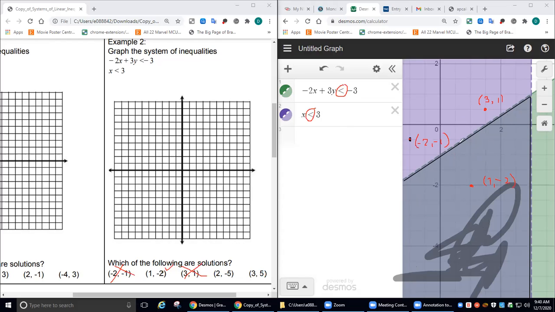The other one's (2, -5). Here's 2 going down to -5. -5 is right here. Guys, can we all agree that this is a solution? Yes or no? Yes, because it's all in that shaded region, right? Right, all in the shaded region. So yes, this is a solution.